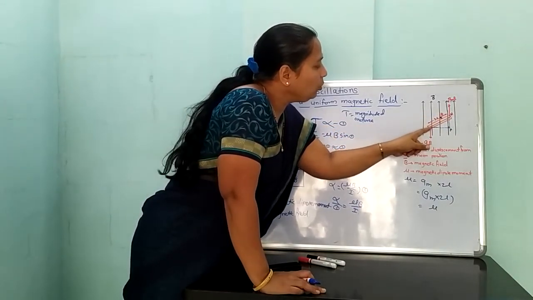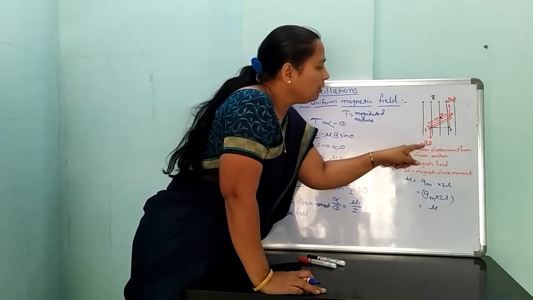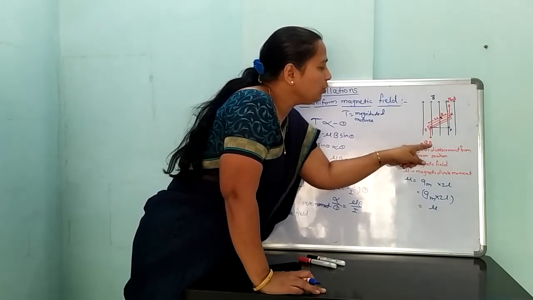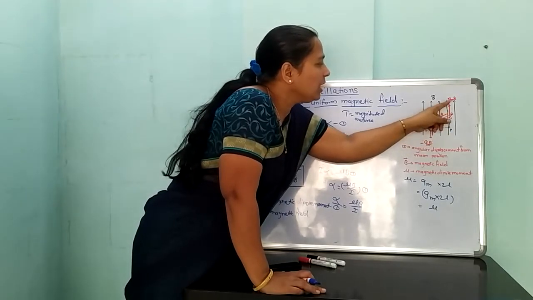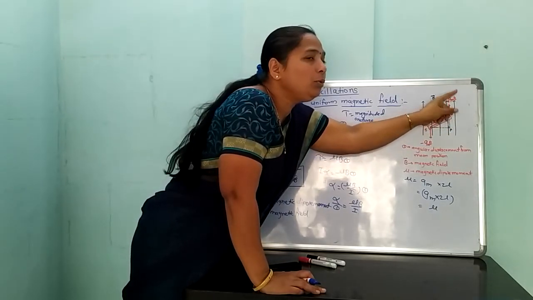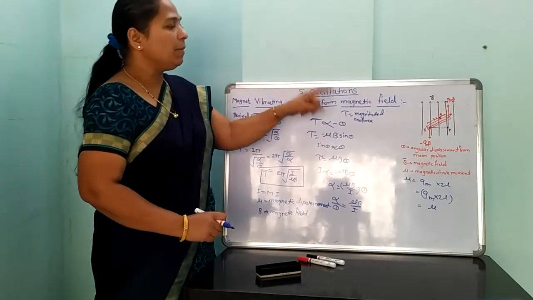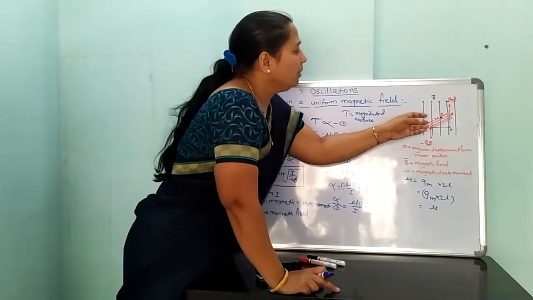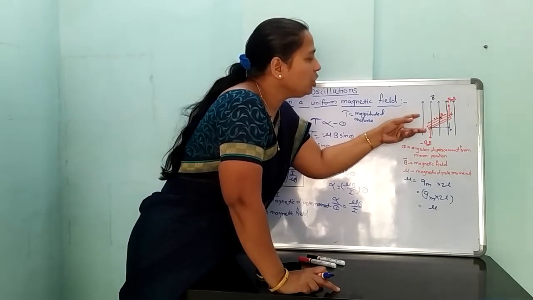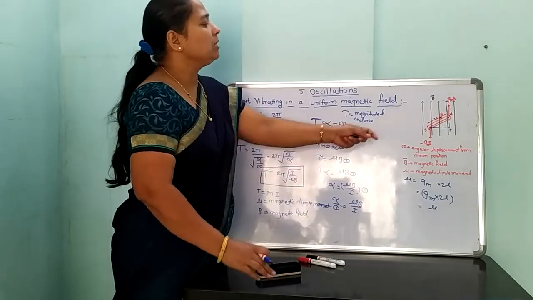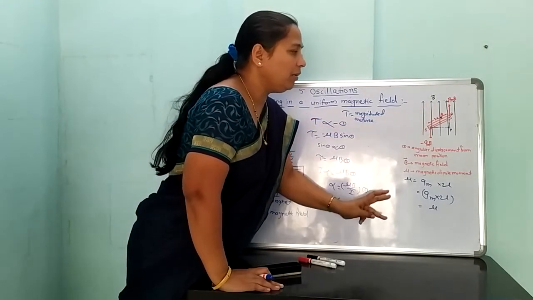The two equal and opposite forces: the force acting on the S pole is minus qB, and on the N pole, plus qB. Because two equal and opposite forces act on the bar magnet, it is in rotational motion, and this gives the angular displacement in the uniform magnetic field.